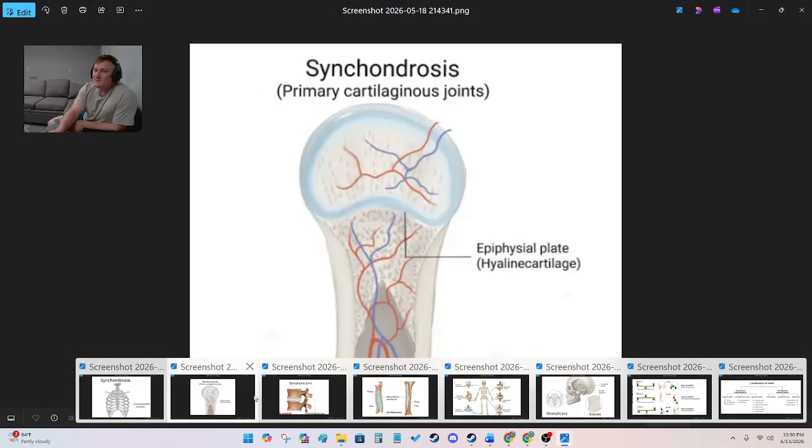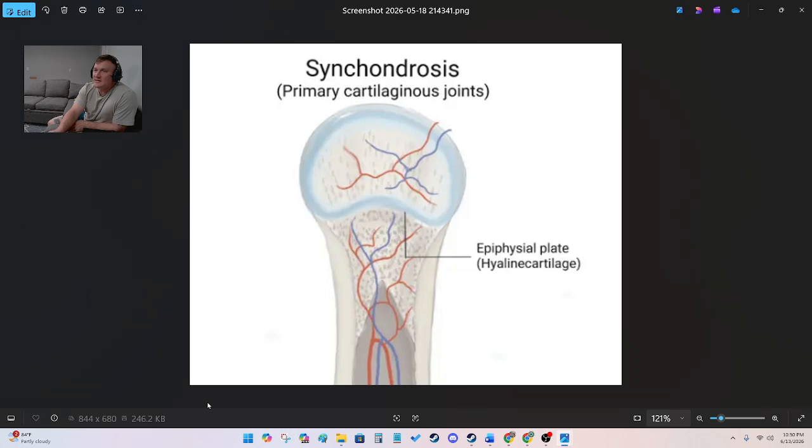Now let's look at some synchondrosis. So cartilage is chondrosis, and like bone to cartilage. Now this epiphyseal plate, growth plate. You ever hear of a growth plate for young children? That's where the bone grows.